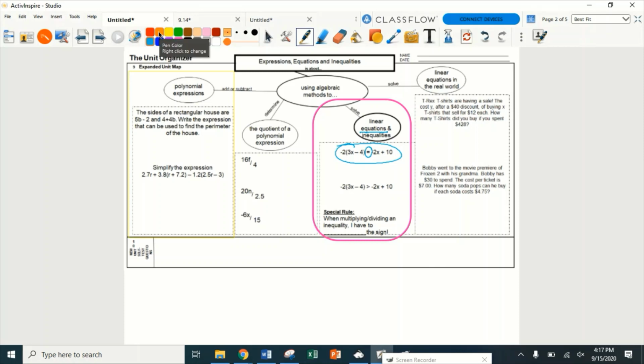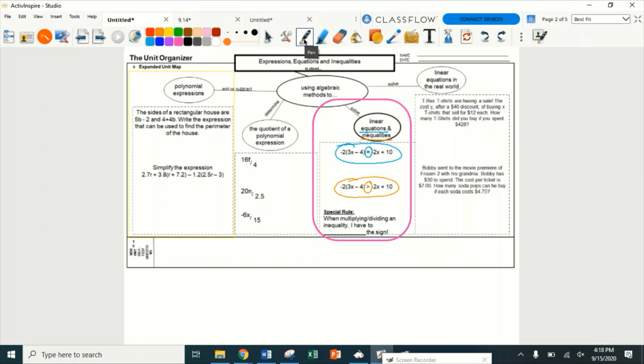And we have a question in this box about inequalities, which is the second one right here. Inequalities have that inequality symbol instead of an equal sign, but other than that, we solve them the same way.